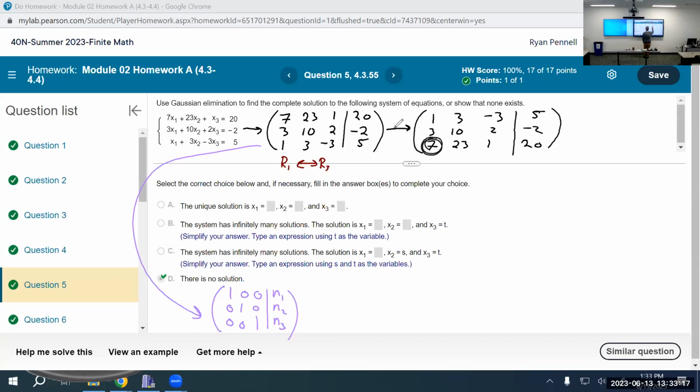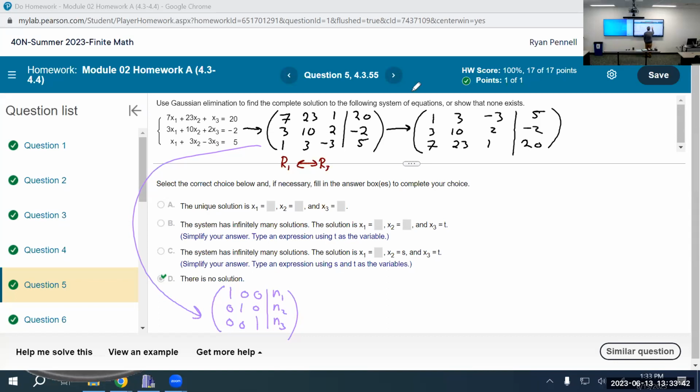I'm going to turn that 7 into a 0, that 3 into a 0. It's going to turn out that it ends up being row 3 that vanishes. So how do we get rid of these?